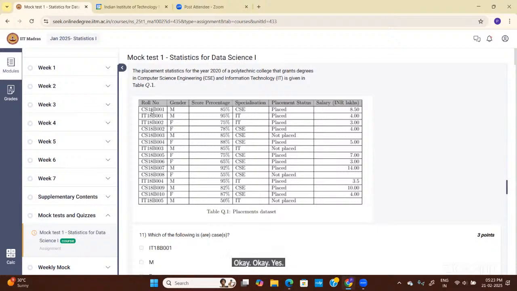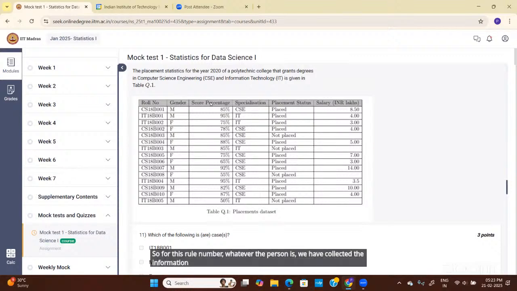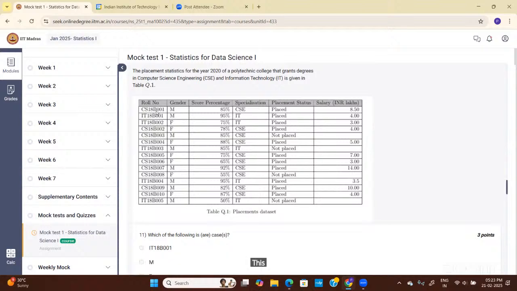For this roll number, whatever the person is, we have collected the information on these variables: gender, score percentage, specialization, placement and salary. So this is the case or observation. The next observation is IT18B001. Rows do not represent a single case; every case or observation has its own unique row.